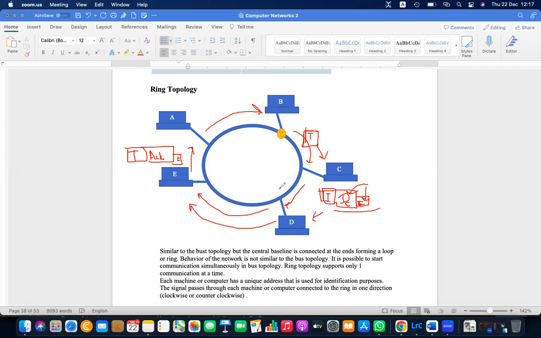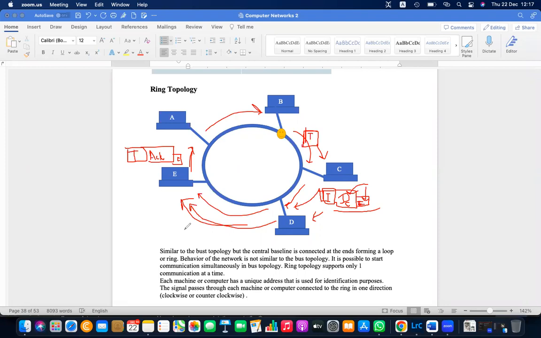But acknowledgement will take one cycle, because first you have to send the token. The token is not free here, and at this point also the token is not free. It will come back to C, and then C will release the token. Then only another party can communicate. This is a bit slow, the acknowledgement-based one. If it is used without acknowledgement, it is somewhat faster.